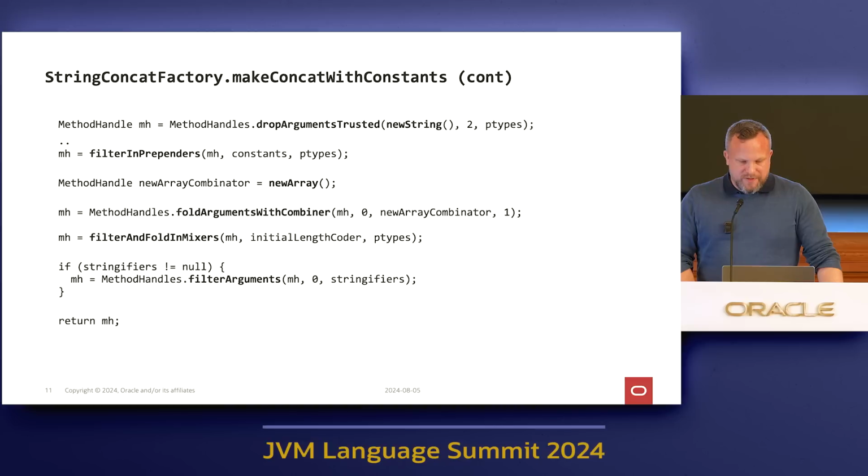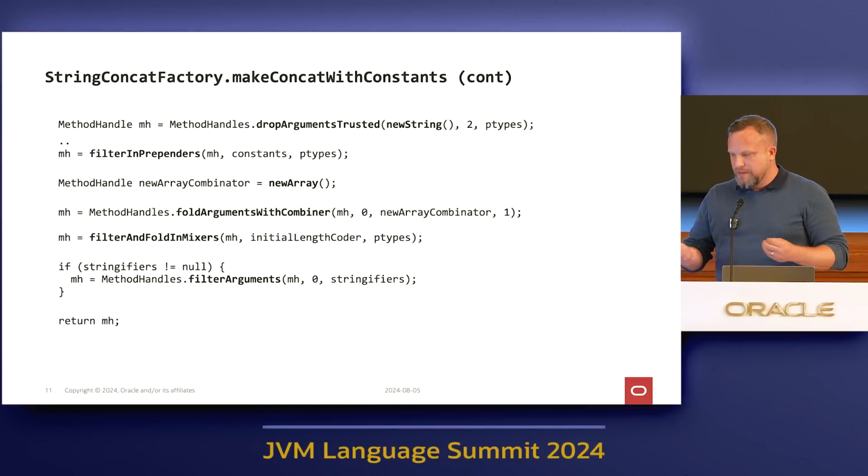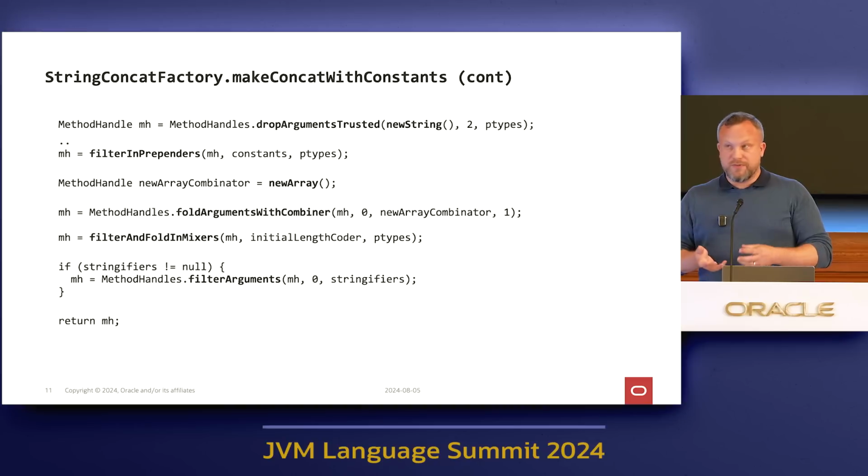So we start from the bottom and filter in arguments. In the string concat factory, we filter certain arguments like an object or a float or a double. We want to filter them and change the argument to a string. So we change the arguments one by one into arguments that are appropriate.